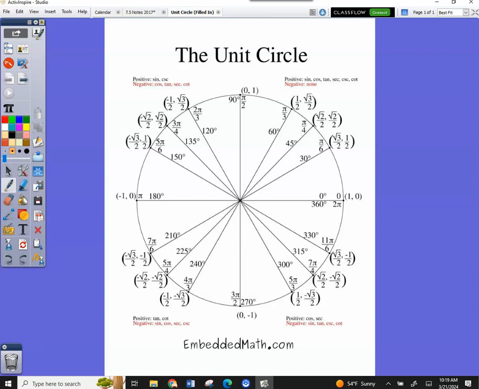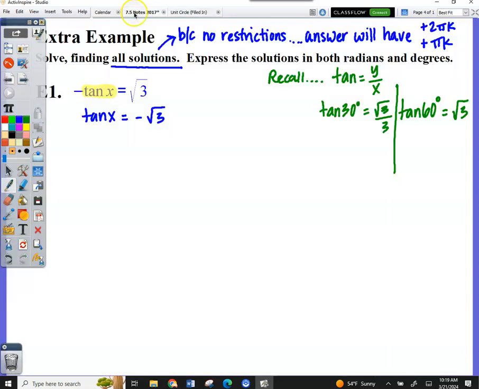Okay, got my unit circle up, coming back over here. Let's ask ourselves, so here's what we have. Right here is where you would ask yourself, what angle has a tan, which means y divided by x, value of negative root 3? This is me taking notes to let you know how you would proceed.